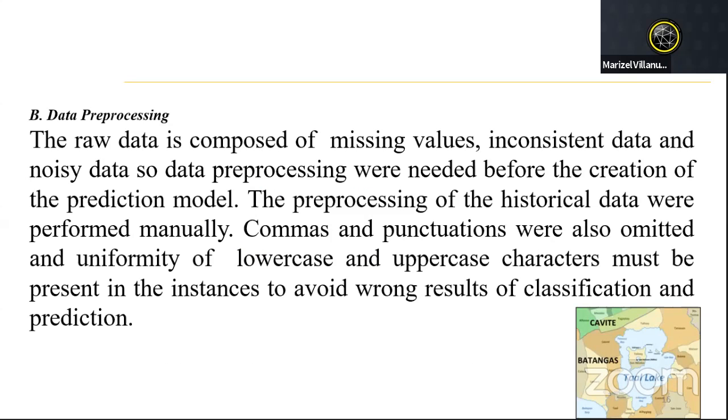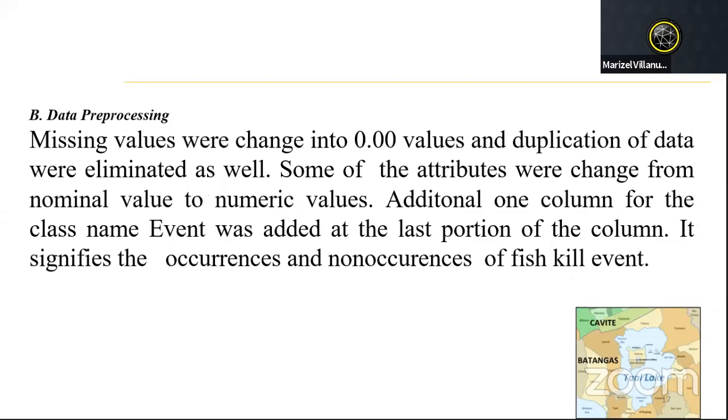Then for the data processing, the raw data is composed of missing values, of course, because that's the real data. It is inconsistent and very noisy. So the data processing was needed before the actual implementation of the model. The pre-processing of the historical data was performed manually. Commas and punctuation were omitted, and uniformity of lowercase and uppercase characters was ensured.